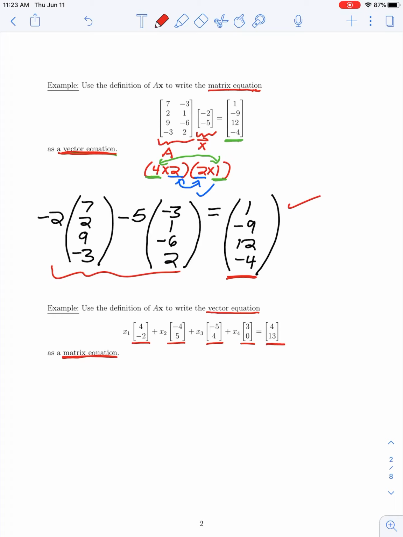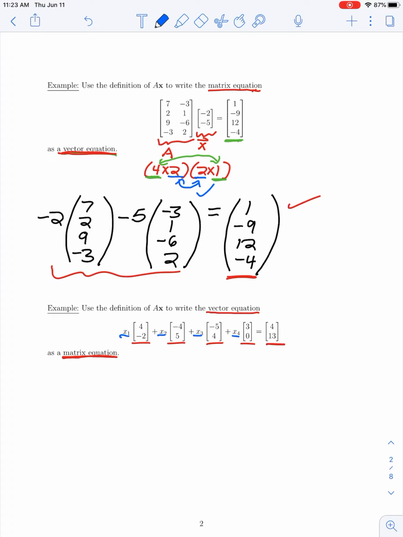Each of these vectors is 2 by 1, and the weights are given by x1, x2, x3, and x4. So the length of our vector x is going to be 4.